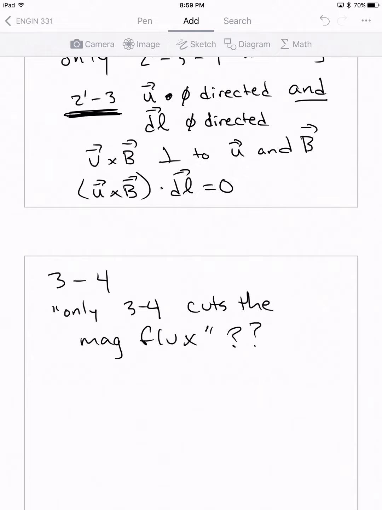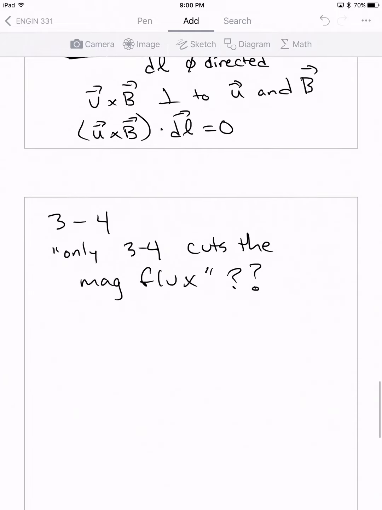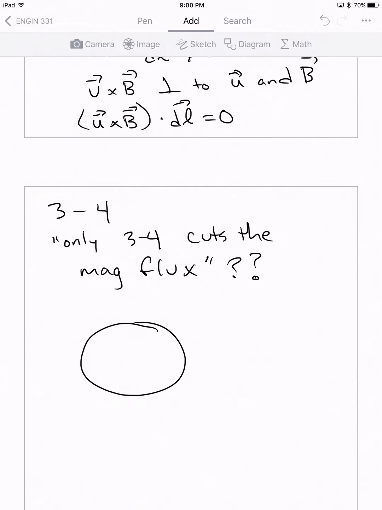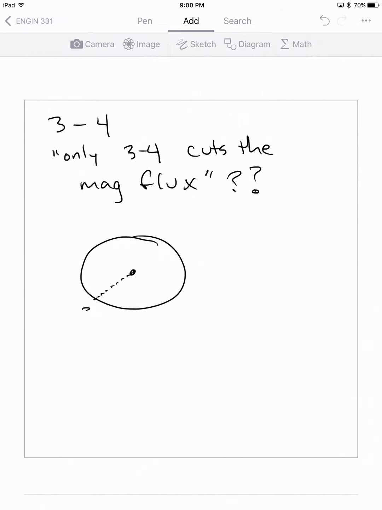It doesn't make sense what that means until you look at it and see that the velocity and dl are pointed in the same direction for the 2 prime to 3 path and not for the 3 to 4 path. So on the 3 to 4 path, again, that's the path from the edge of the disc to the center. Here's 3, here's 4.